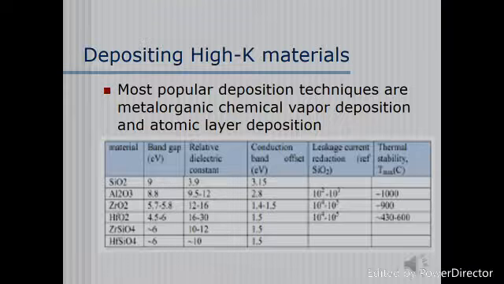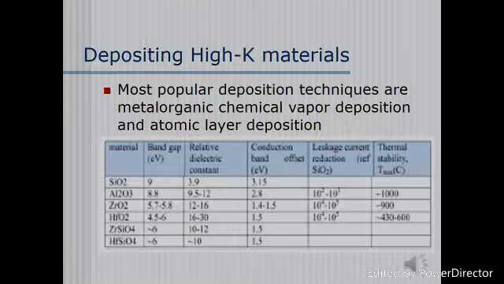Multiple techniques to deposit high Kappa dielectrics on silicon can be used, such as chemical vapor deposition, plasma-enhanced chemical vapor deposition, metal organic chemical vapor deposition, atomic layer deposition, plasma-enhanced atomic layer deposition, physical vapor deposition, molecular beam epitaxy, ion beam assisted deposition, reactive sputtering, thermal vaporization, or sol-gel deposition.